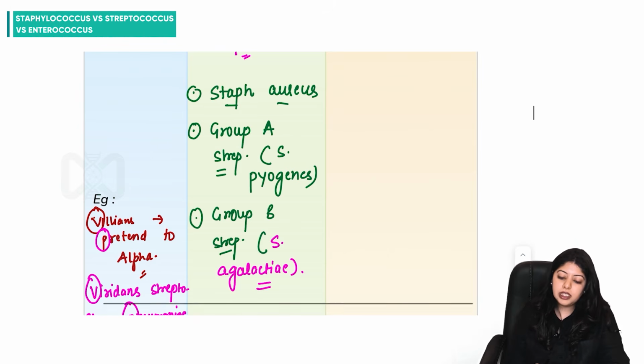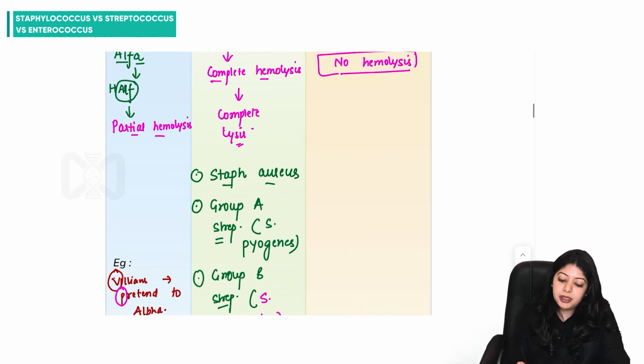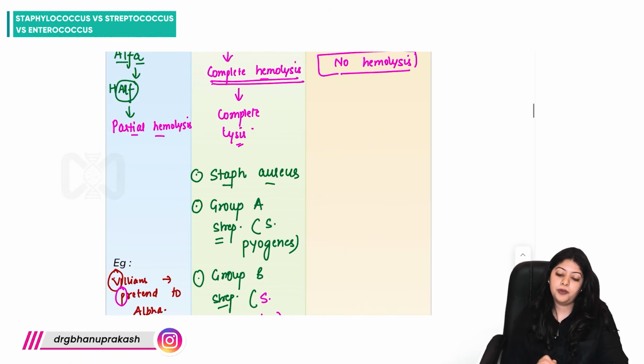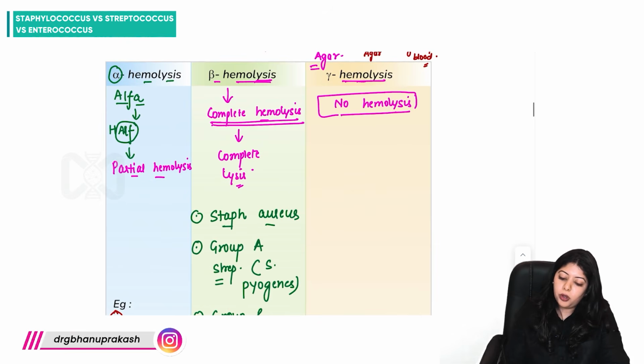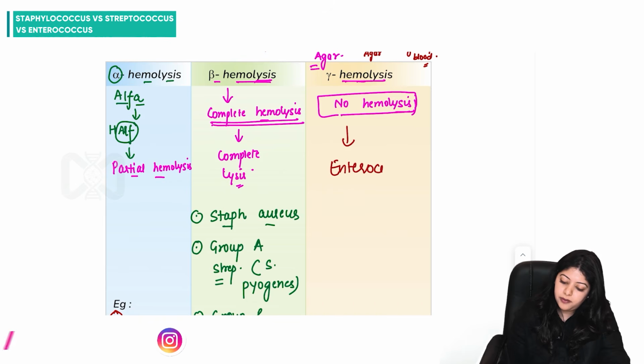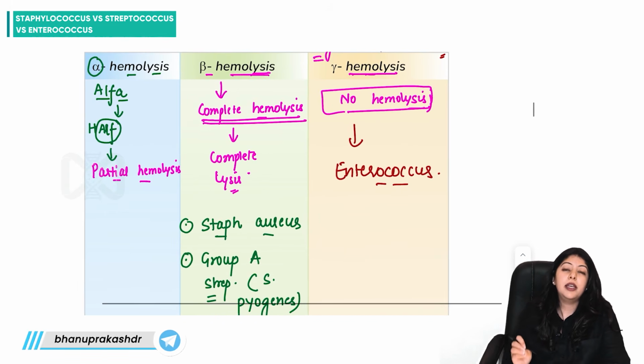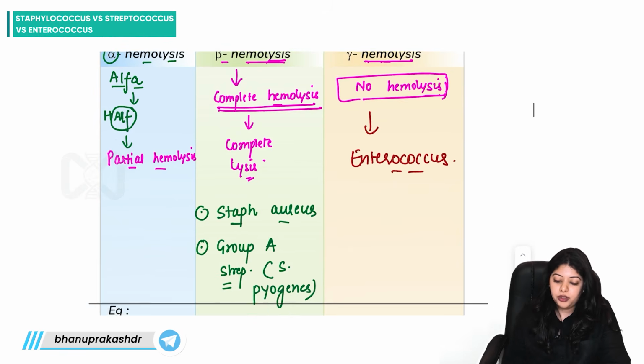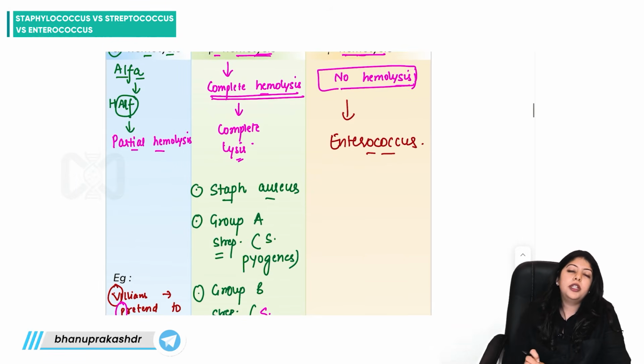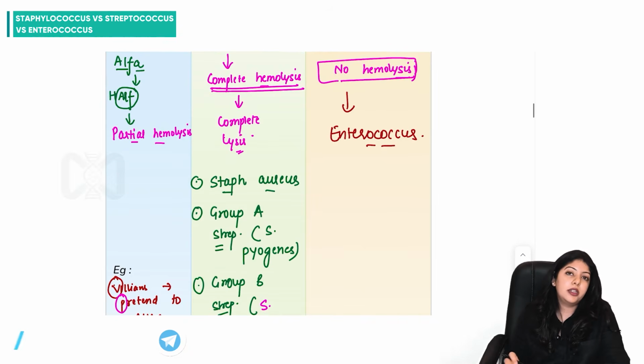Right? So these are going to show complete hemolysis, whereas no hemolysis would be shown by Enterococcus. As already discussed, this rapid differentiation is majorly confined to these bacteria, so we'll stick to them only. So now we have majorly understood the differences between these three hemolyses and the examples.